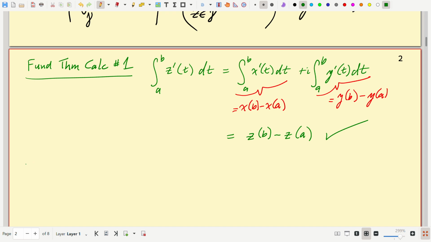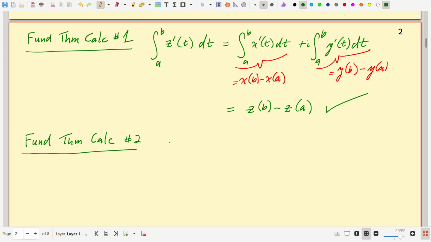Fundamental theorem of calculus number 2 is slightly more interesting. Now, because we have to use number 1. Okay, so that's the integral along gamma that starts at a and goes to b of f prime of z dz.